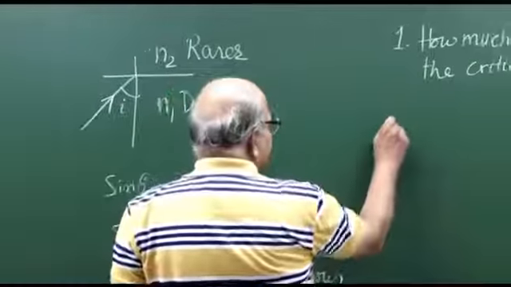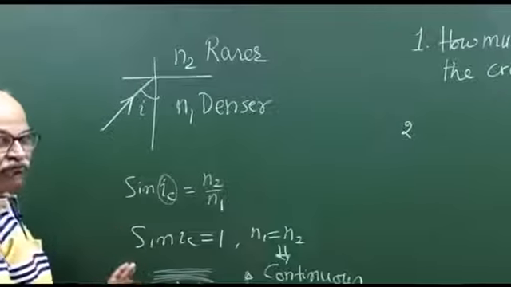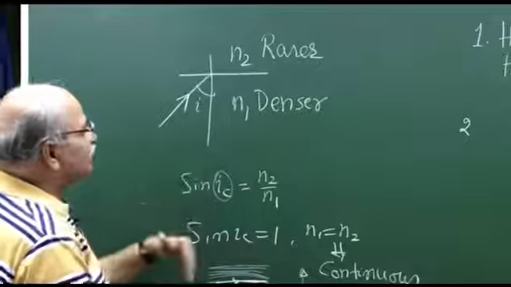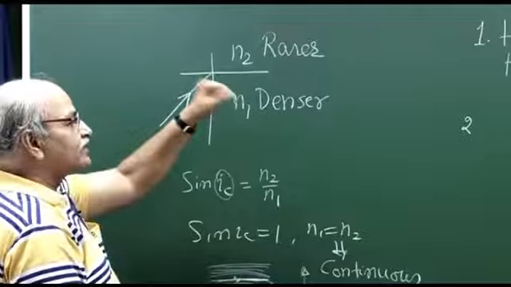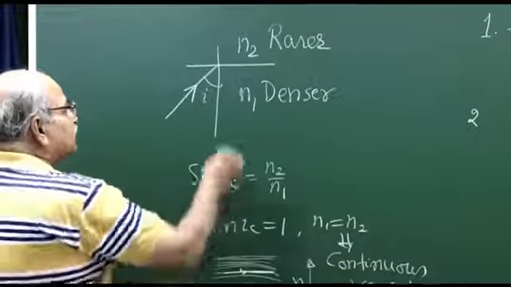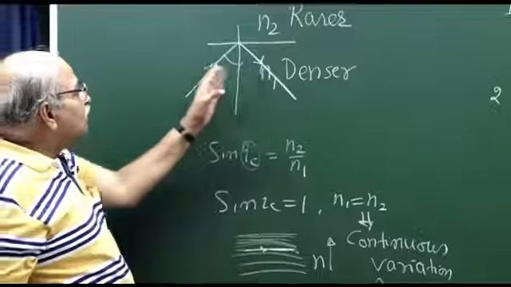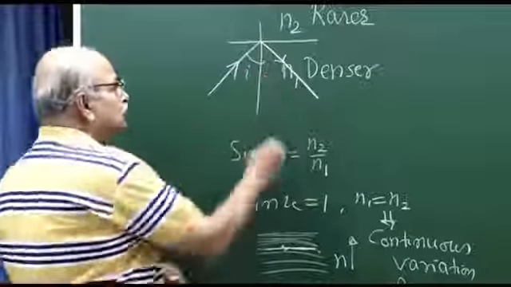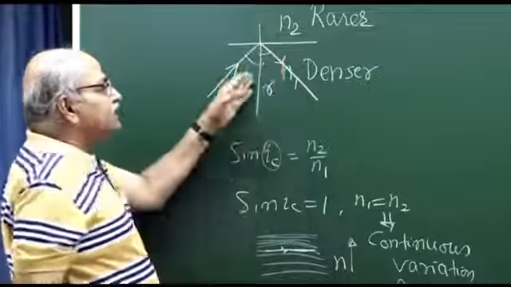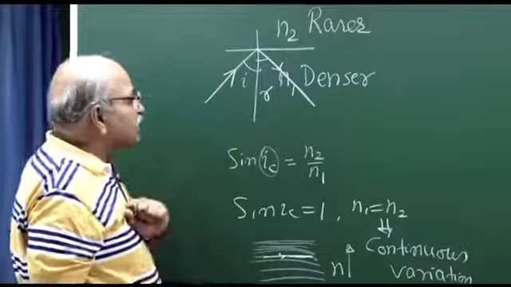Now the second part is, even if there is some critical angle and even if light does find that the angle of incidence is more than critical angle and total internal reflection takes place, when this reflection takes place, it follows the laws of reflection. So the angle of reflection is equal to angle of incidence, I is equal to R, even when it is total internal reflection.